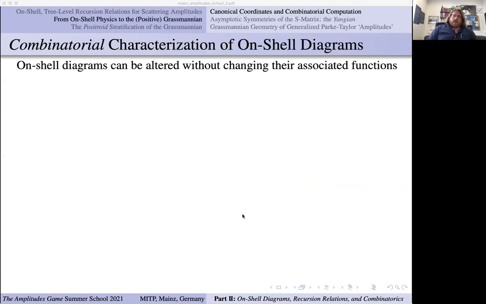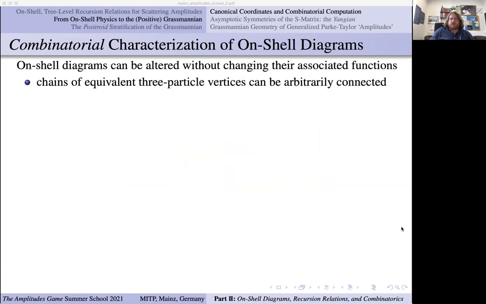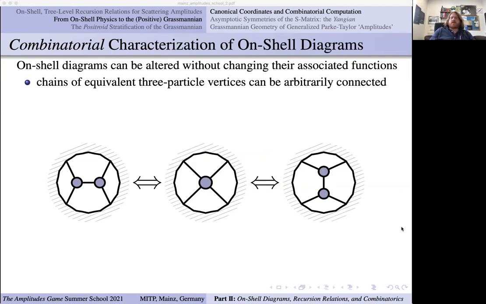So the combinatorial way of characterizing these diagrams starts from the recognition that there are two moves, and in fact only two moves, that connect different diagrams to each other that leave the function on the outside unchanged. The first is that chains of same colored vertices can be arbitrarily rearranged. And this follows from the on-shell condition and the momentum conservation.